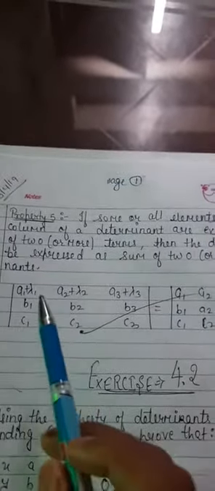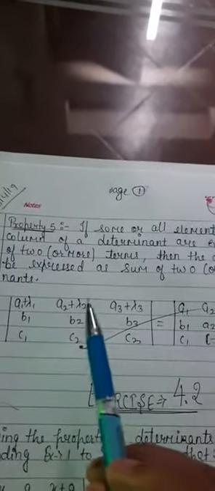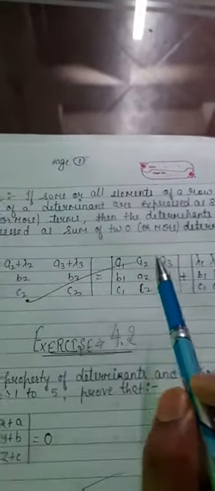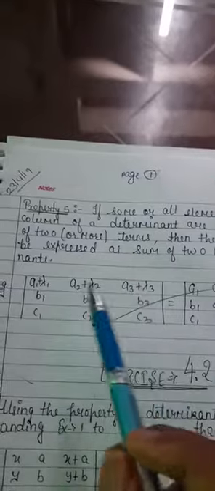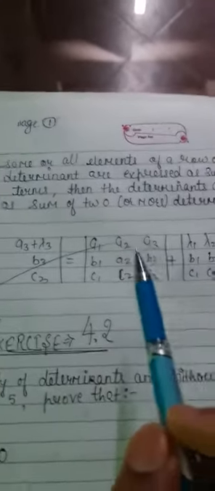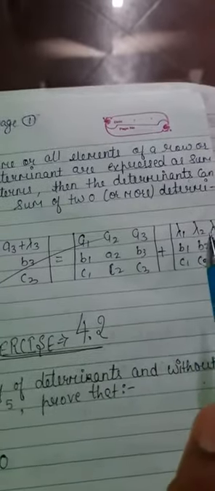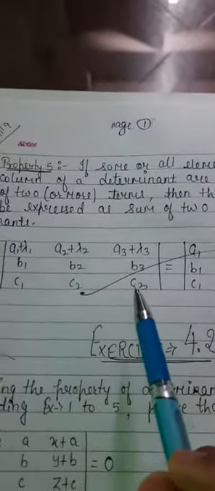How to break this? See only the first elements, okay. Don't see this lambda 1, lambda 2, lambda 3. So a1, b1, c1, a2, b2, c2, a3, b3, c3 will come as it is in your first determinant. After that, plus lambda 1, lambda 2, lambda 3, okay. These all are in plus, so this plus we will take outside, and lambda 1, lambda 2, lambda 3 will remain as it is, and R2 and R3 will not change.